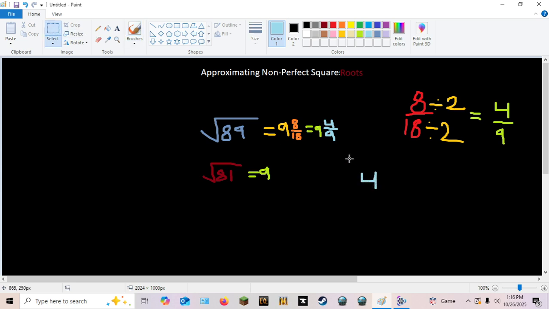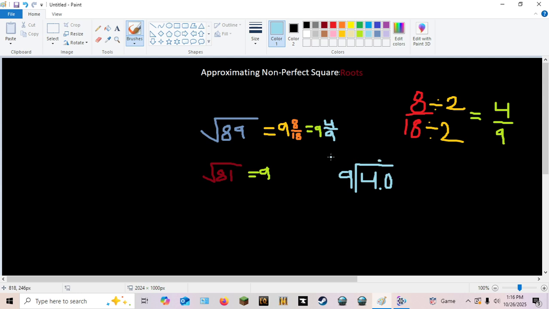That's the dividend, and this is 4 divided by 9. I need to put a decimal point over here and just add a 0.